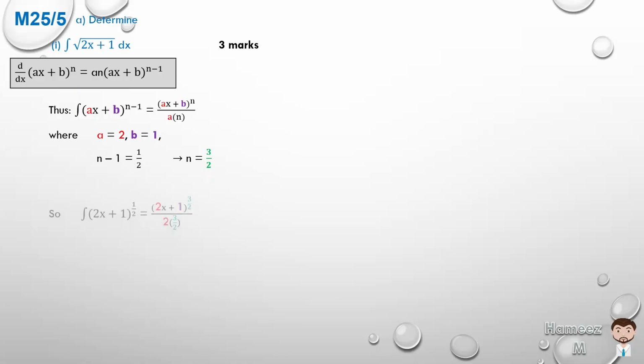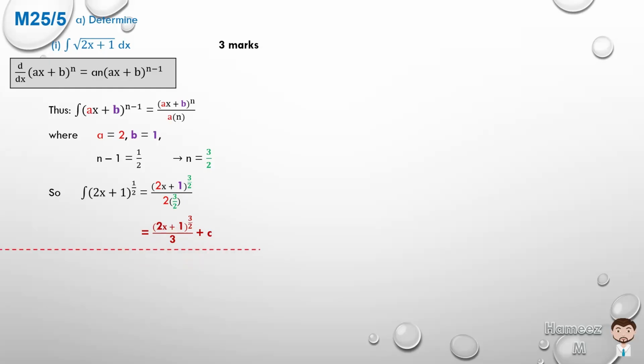The integral of (2x plus 1) to the power a half is equal to (2x plus 1) to the power n, which is 3 over 2, divided by 2 times n, 2 times 3 over 2. So 2 times 3 over 2 is 3. So we're left with (2x plus 1) to the power 3 over 2, all over 3, plus c. c is a constant of integration.